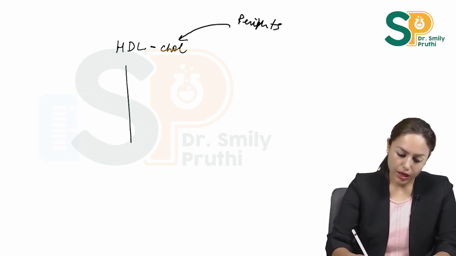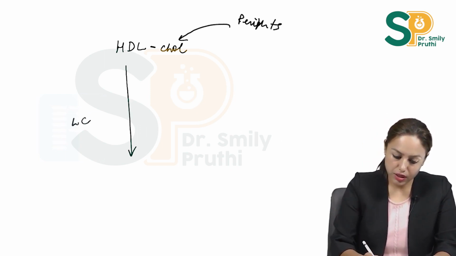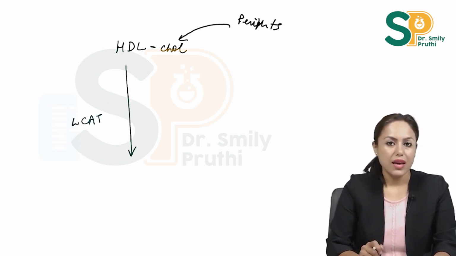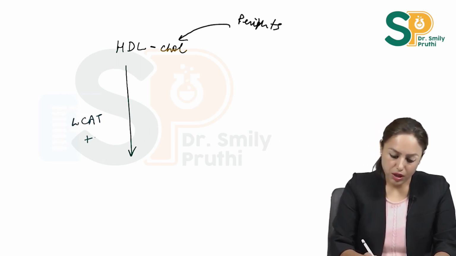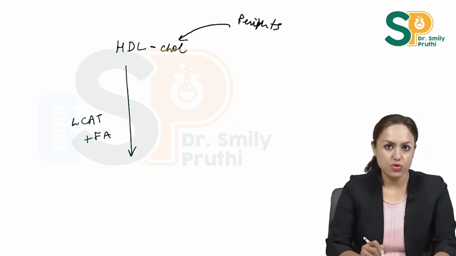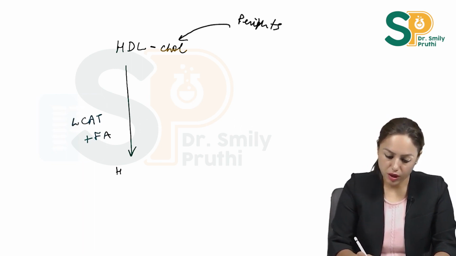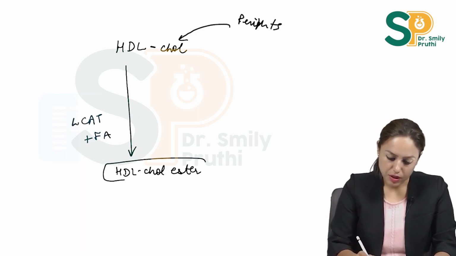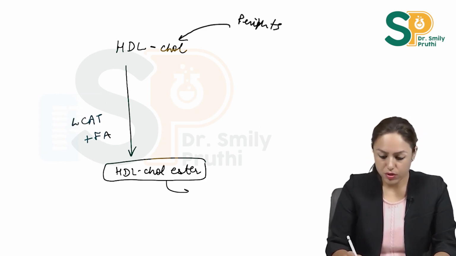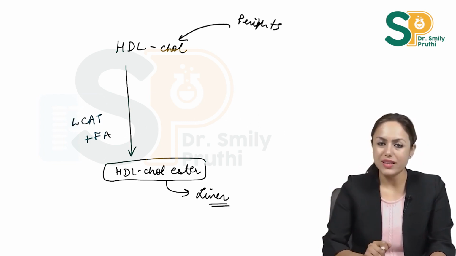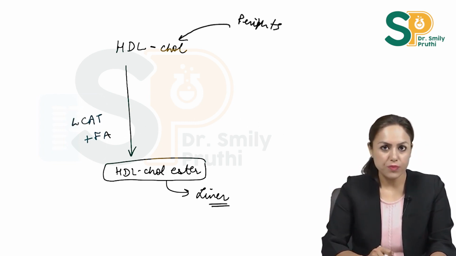Now, in HDL, LCAT enzyme is there. LCAT enzyme will add one fatty acid in cholesterol. So, what we get? Cholesterol ester, right? This HDL cholesterol ester will go to liver and will give these cholesterol esters to the liver, right?